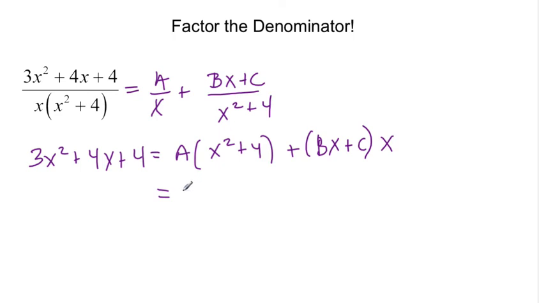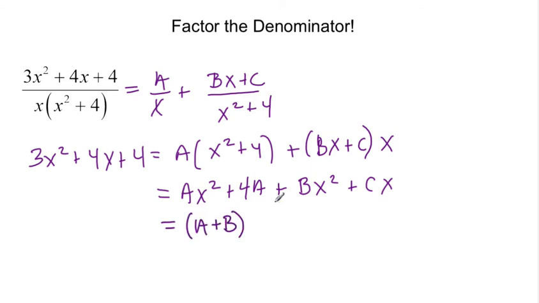So we will multiply through by A and get Ax squared plus 4A plus Bx squared plus Cx. Now, I know by combining like terms, I have A plus B times x squared, plus Cx, plus 4A.